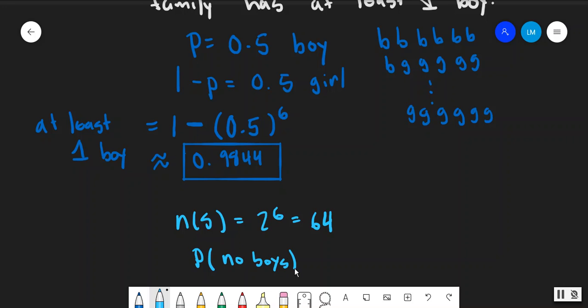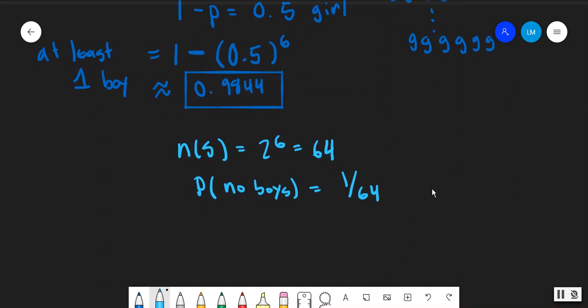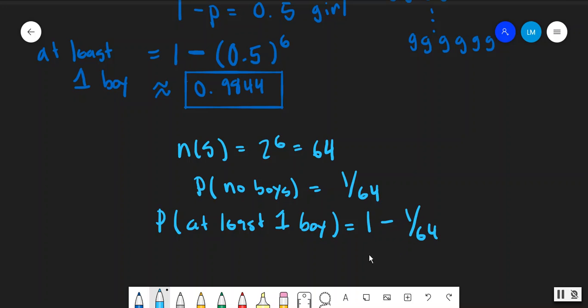The probability that there are no boys is just 1 out of 64. If you take the complement, the probability of at least one boy is 1 minus 1 out of 64, which equals 63 out of 64, which is approximately the number that we found over here.